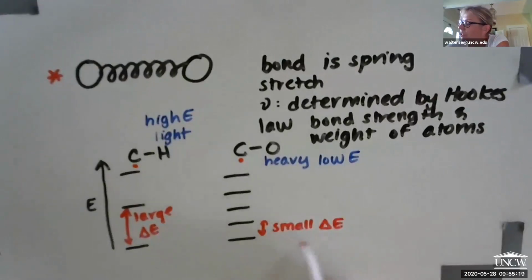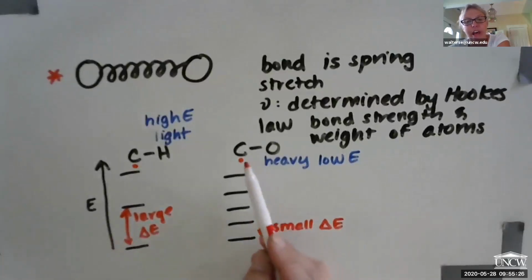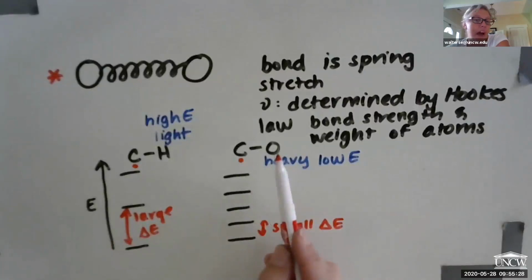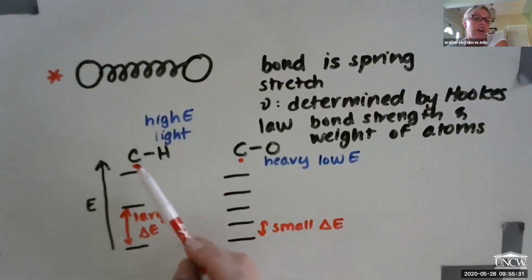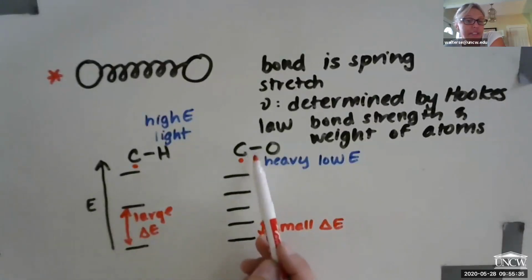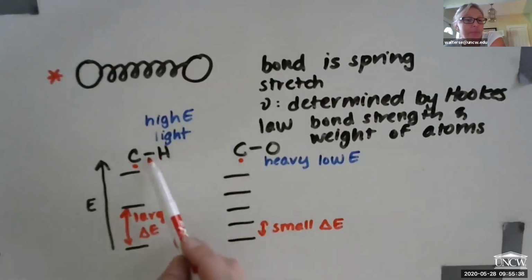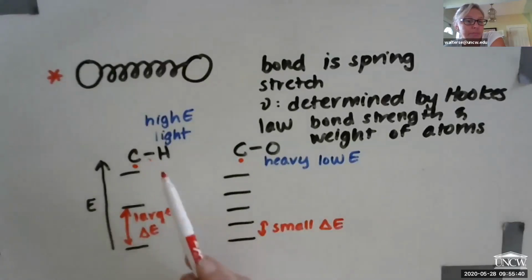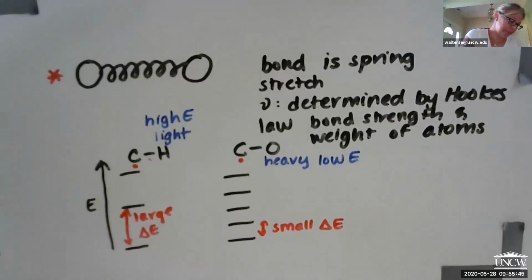So if you can measure a small vibration, you can compare it to a large vibration and you can determine whether or not carbon is bonded to an oxygen in your molecule or if you have carbons bonded to hydrogens in your molecule. You'll be able to identify this bond vibration separate from this bond vibration. Promotion of going from low to high is provided by the infrared radiation that you expose your sample to.